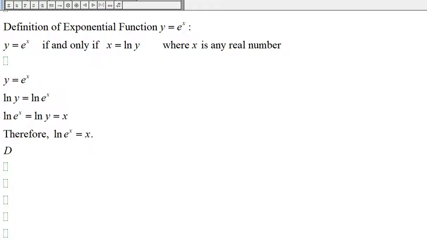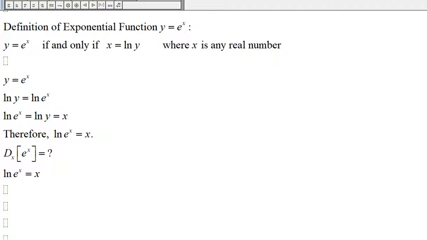And now we want the derivative of the function e to the x.